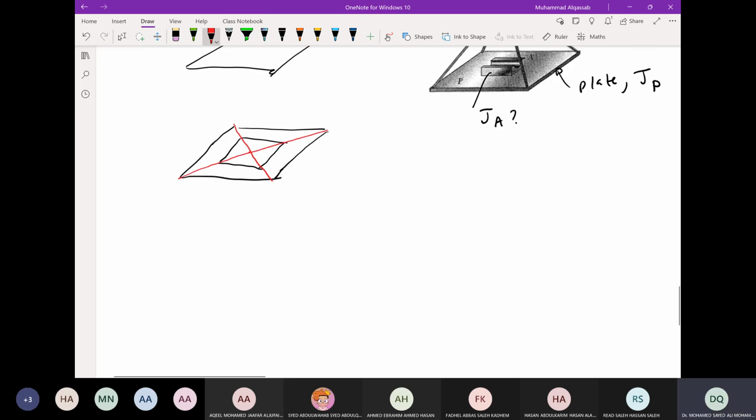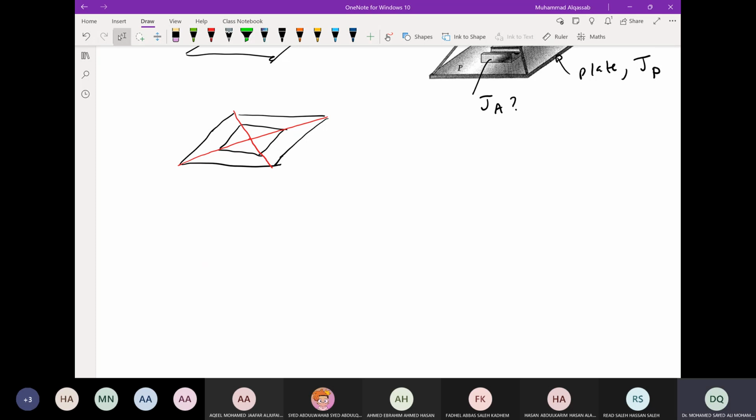Okay, so if you take a side view, you will see that this is the plate and this is the object. Both centers of gravity lie on the center of gravity of the platform. So how do we use this information? It means that J is equal to J of the plate plus J of the object.